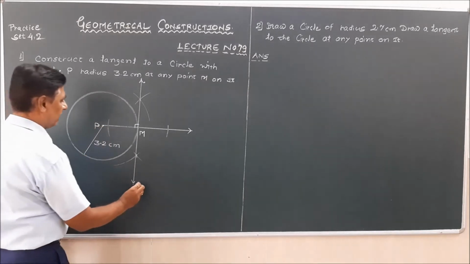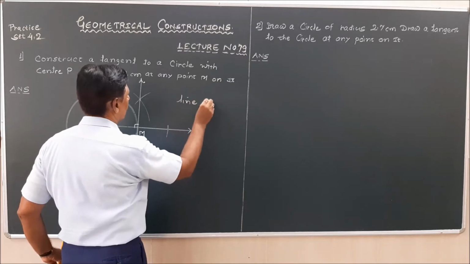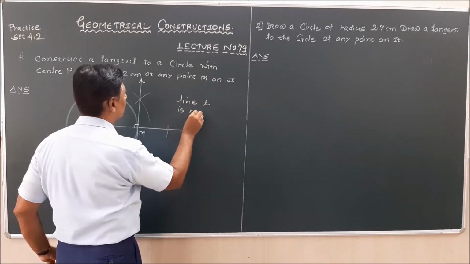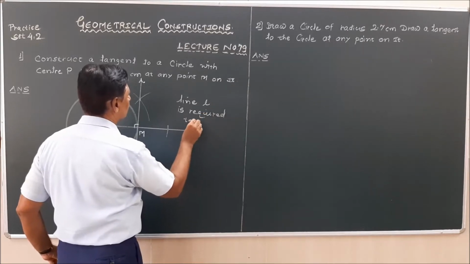So this is how you will find line L. Line L is the required tangent to the circle.